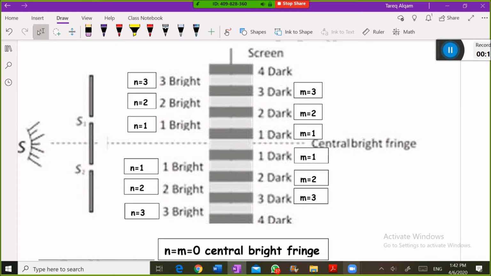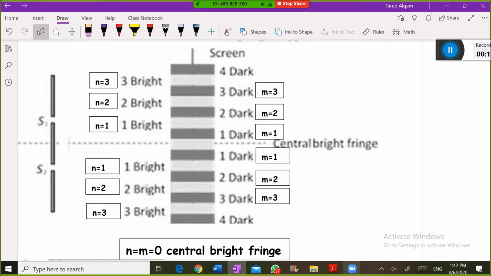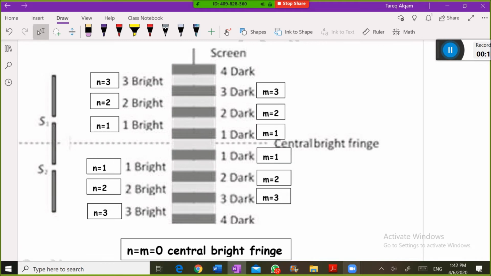Here we have to know the path difference, or there is a pattern for the path difference for each region. When I say path difference, we have waves that are outgoing from S1 and S2, from slit 1 and slit 2. These waves meet here, here, here. When I talk about the path difference, I have to take the path difference between S1 to this point and S2 to this point.